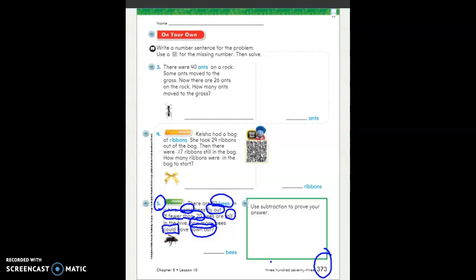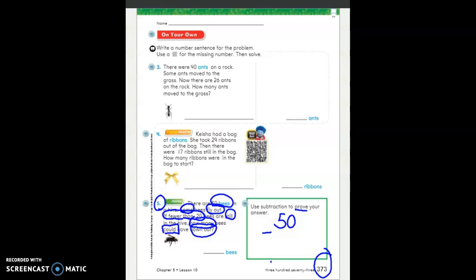We did one of these yesterday as well. More than one answer for this problem. So there are 50 bees in the hive. So let's see. Here's one, and you can always do another one later. It says, prove your answer. So 50 bees in the hive. And it says, if there are fewer than 20, I need to subtract because they are flying out of the hive.